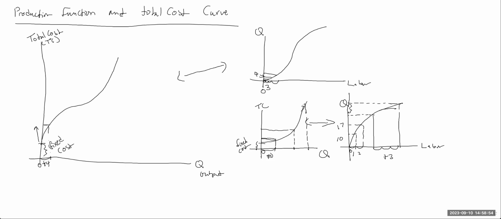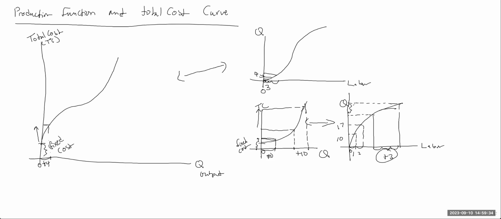And that's why your total cost increases significantly. If you're already producing cookies and you want to make 10 more cookies, you have to hire 3 people, and costs are massive. But if you're not producing cookies and you want to make 10 cookies, you only have to hire one guy. And that's why total cost barely increases, just the labor of one guy. Okay?